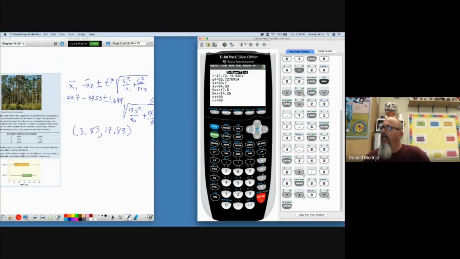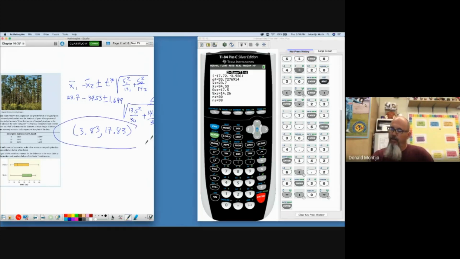And we get an interval of negative 17.72 to negative 3.93. Slightly different than what we got here. Oh, that's because I forgot to copy down my negative signs when I did my calculation here. So why is it slightly different?